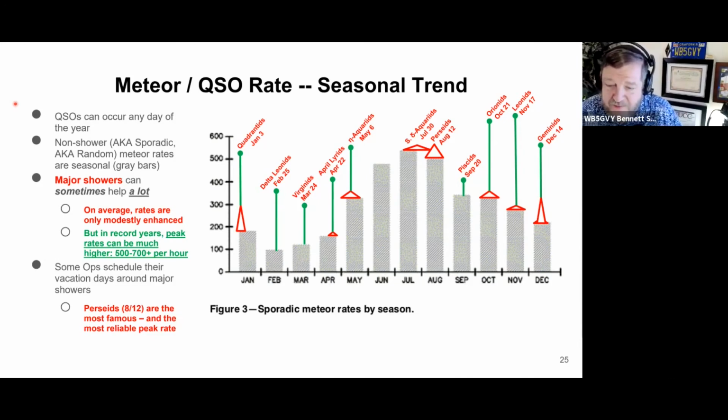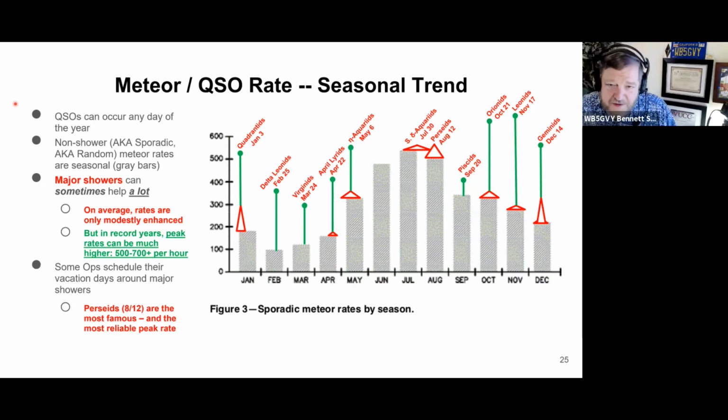For example, if you look at the bar for August, you see at the top the Perseids meteor shower, with a date of August 12th. Generally the Perseids peak on August 12th, and the base of the triangle was my attempt at showing that the shower is actually spread out over the entire month.